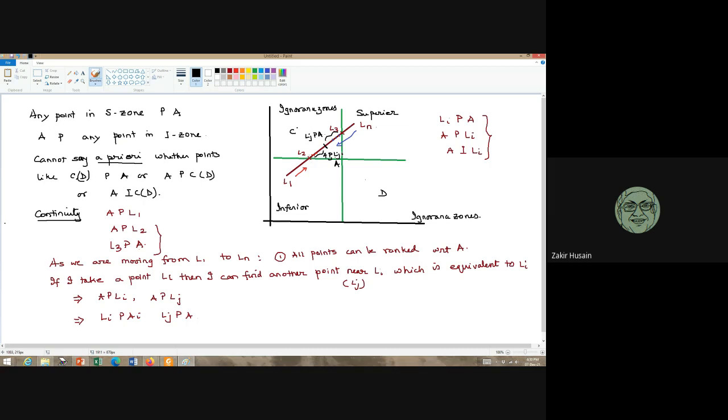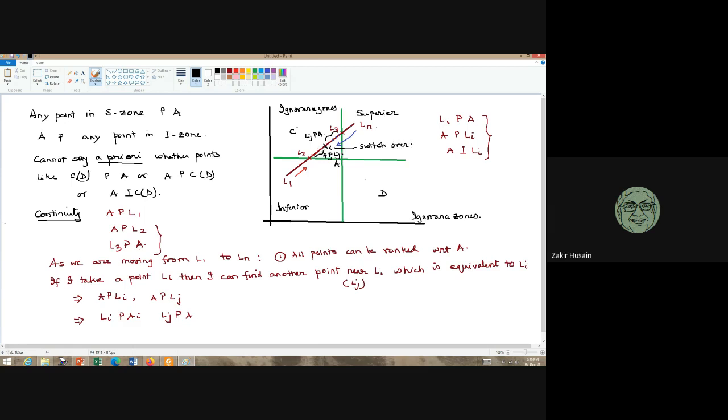Points like these are inferior to A. But when I move up the line, I'm going to have points which are superior to A. So at some point there has to be a switch. This is the switchover point.